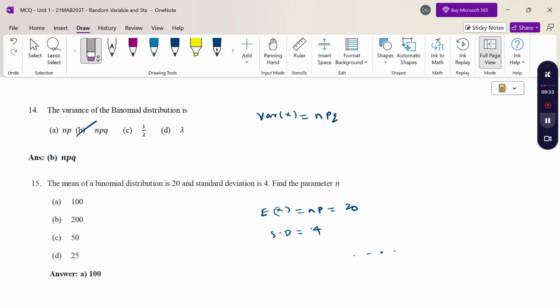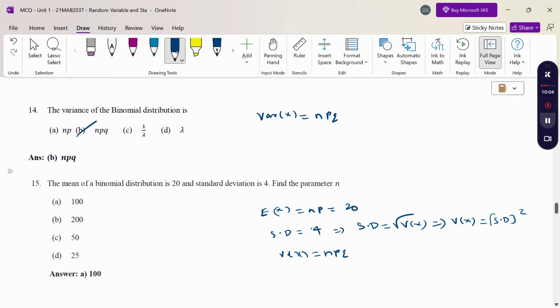Now we need to find the parameter n. The variance of X equals npq. From the standard deviation, the variance is the standard deviation squared, so npq is 16.